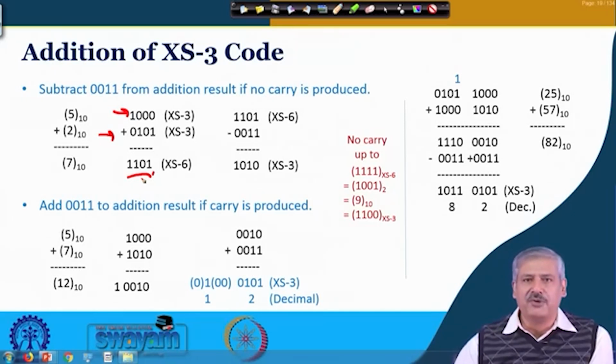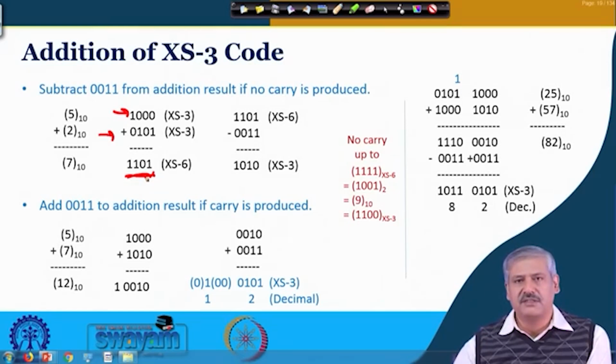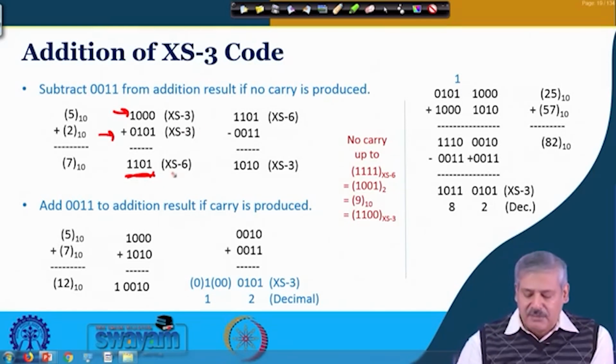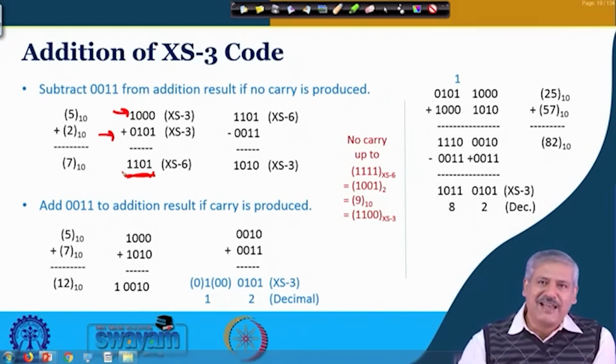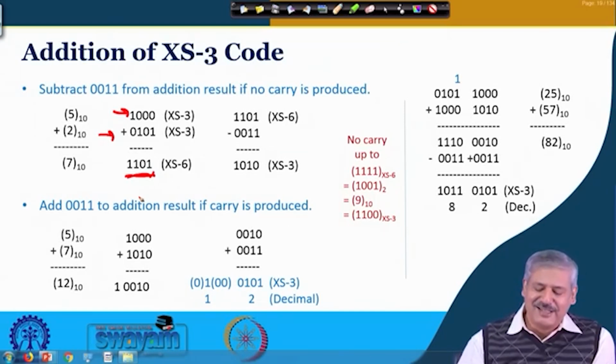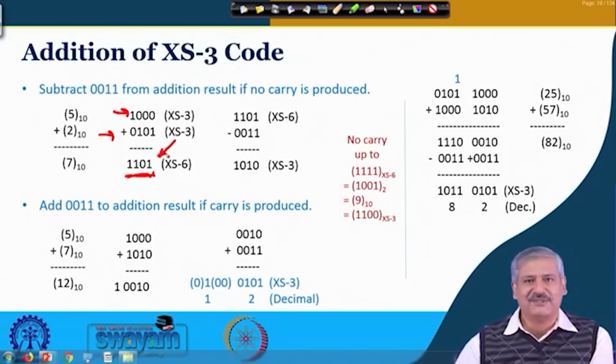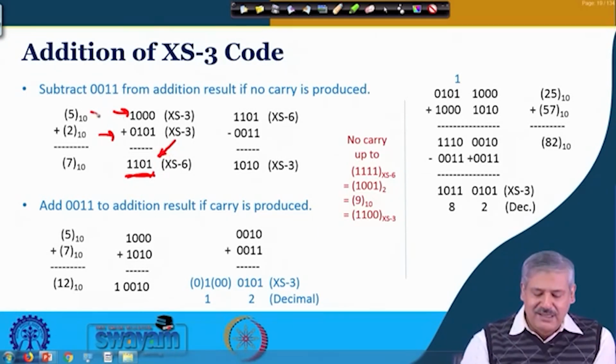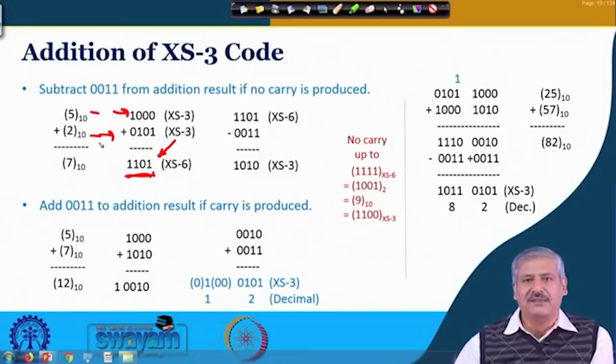When no carry is produced, this representation 1101 is a valid XS3 code, a valid number in the sense of a number which does not produce any carry, but within it has two additional 3's going inside it, one from here, another from here, compared to binary coding.